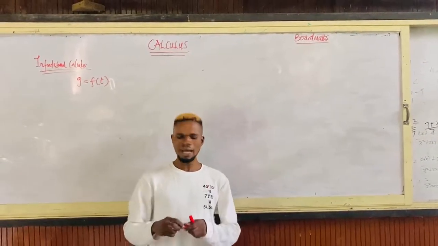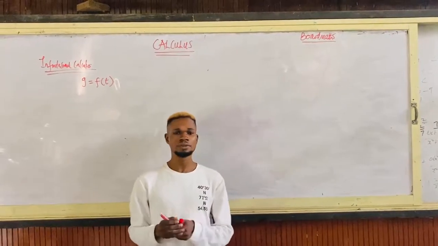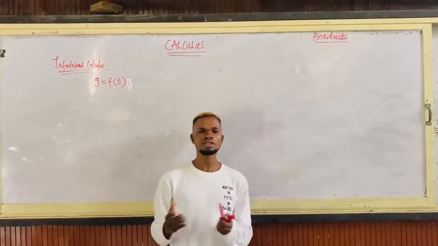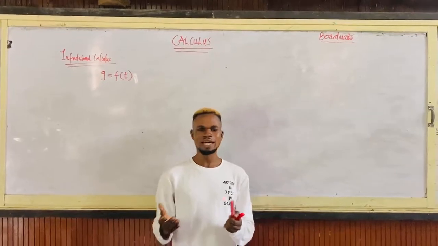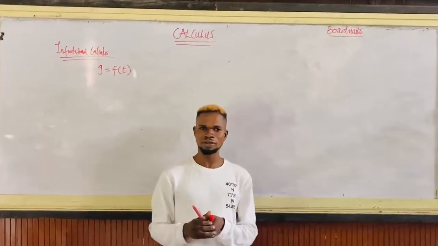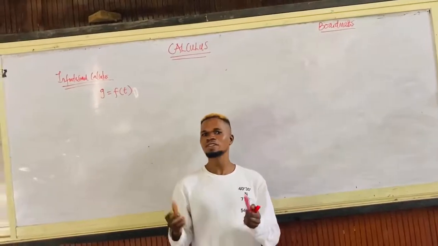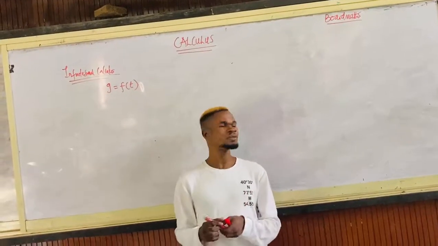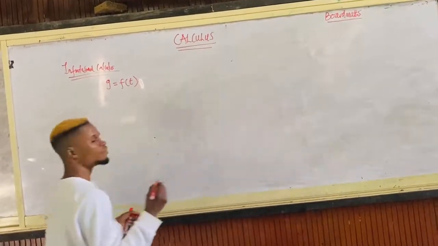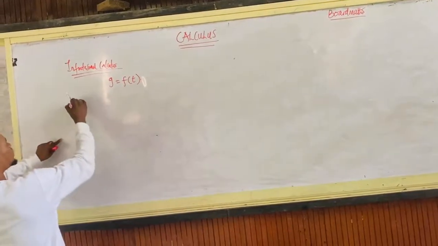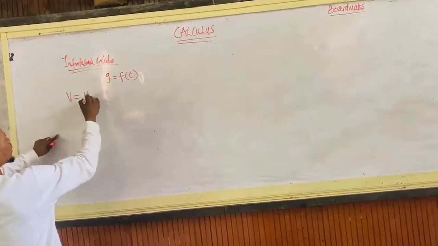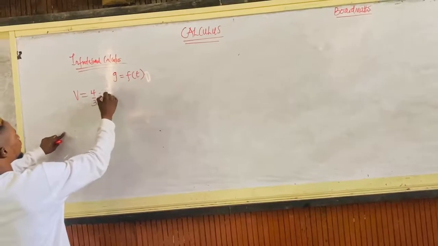Now, the letters and symbols that are used to represent quantities or numbers in an algebraic expression or equation, some represent variables and some represent what? A constant. Now let's consider the volume of a sphere, which is V is equal to 4/3 pi r cubed.